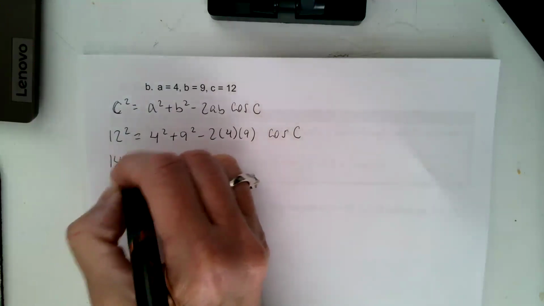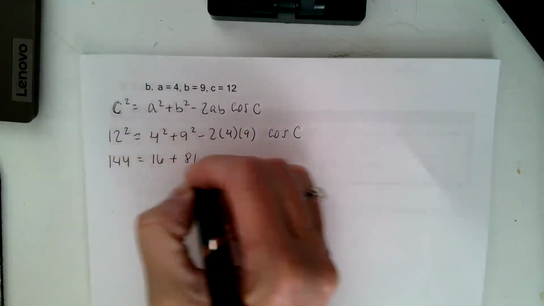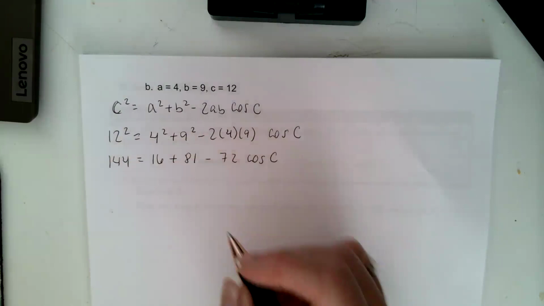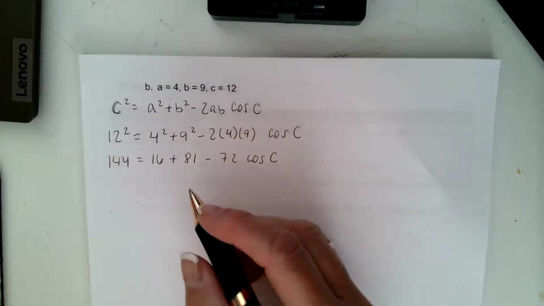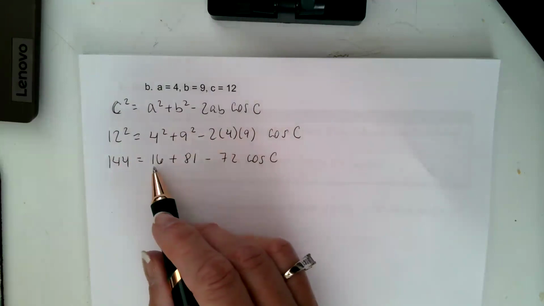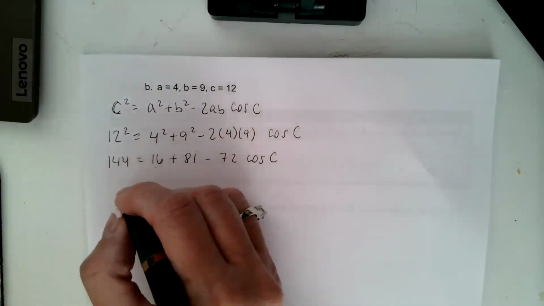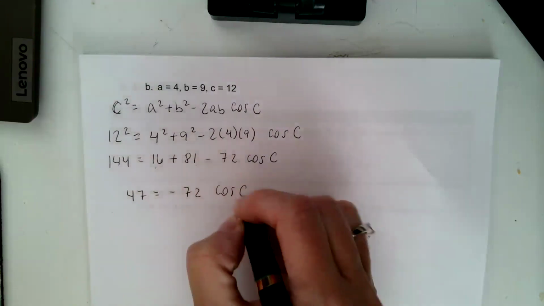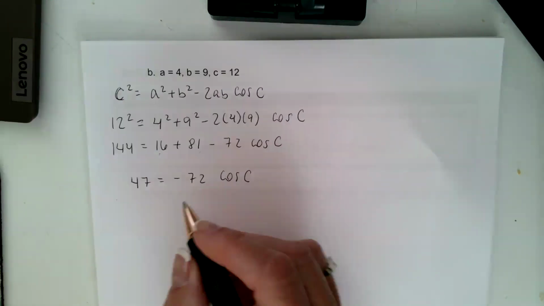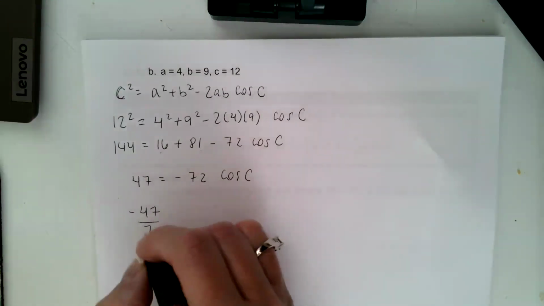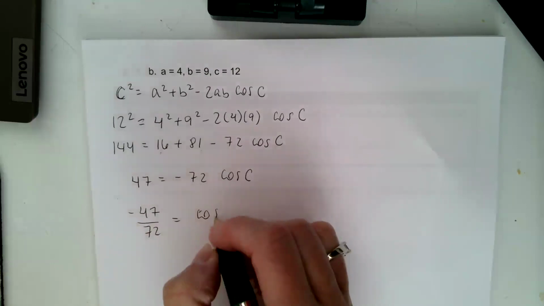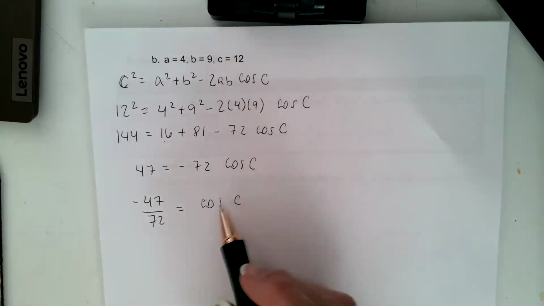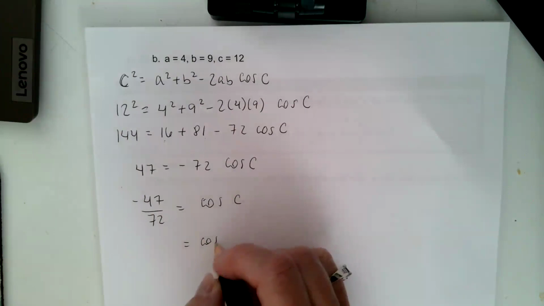So 144 equals 16 plus 81 minus 72 times cosine angle C. And if I subtract the 16 and the 81 from both sides, I get 47 equals negative 72 cosine angle C. And divide by negative 72, and I'm not going to calculate that quite yet, just to keep things accurate.